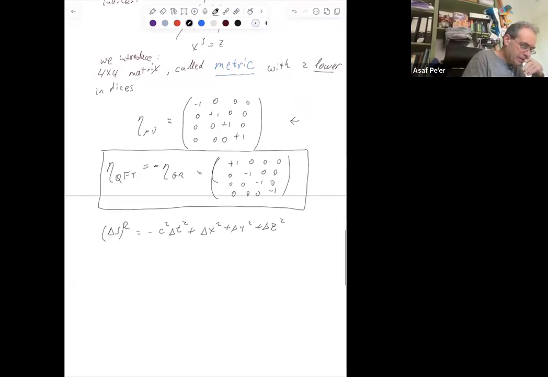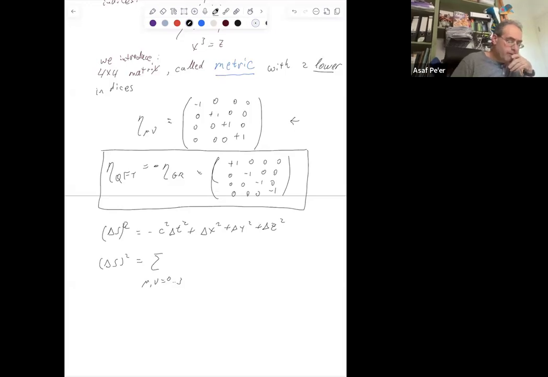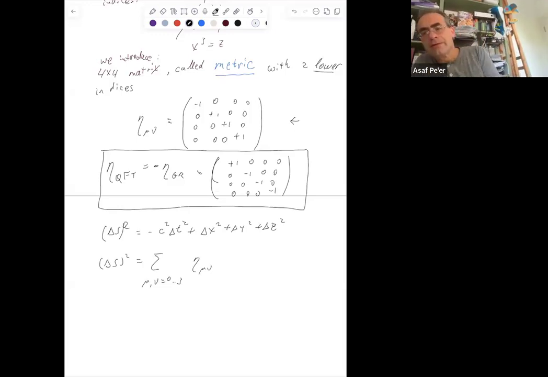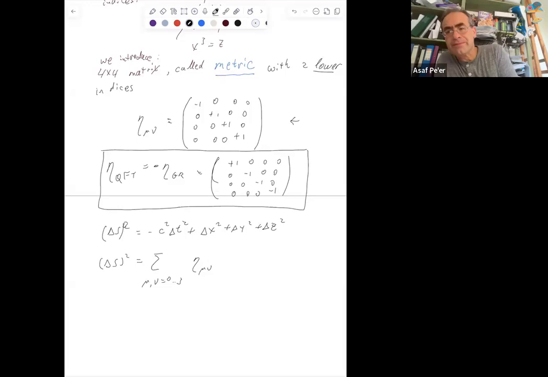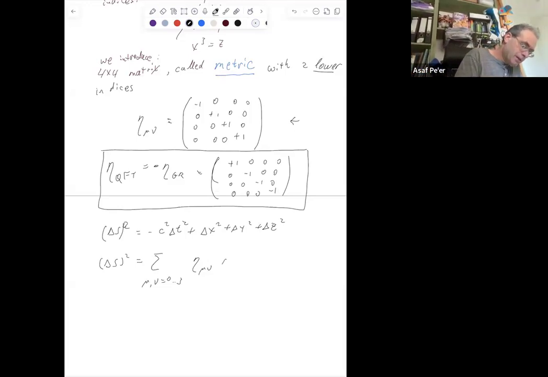So now I'm going to write down the same interval as a sum over mu and nu from 0 to 3 of what? Eta mu nu, that takes care of the sign, times delta x mu, delta x nu.